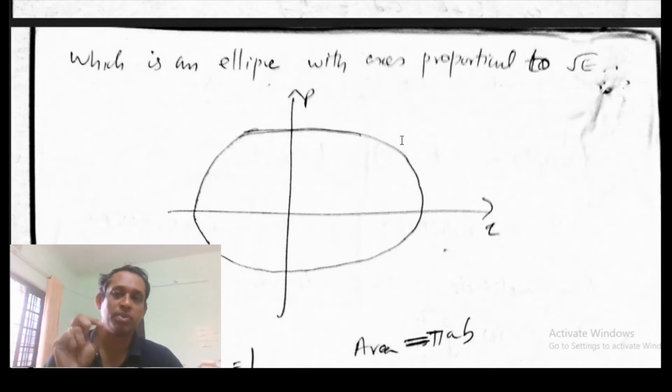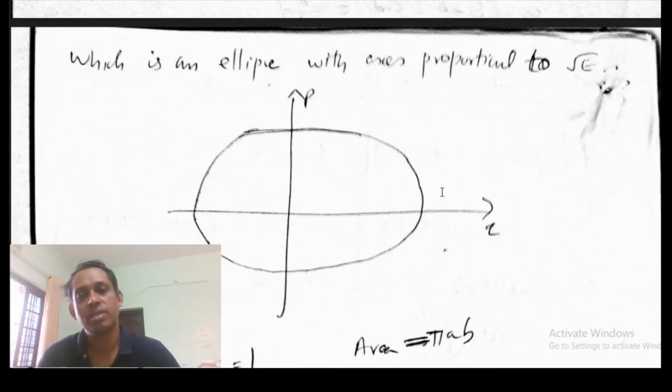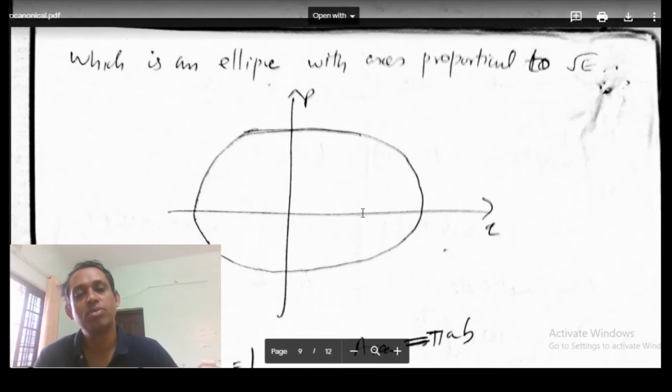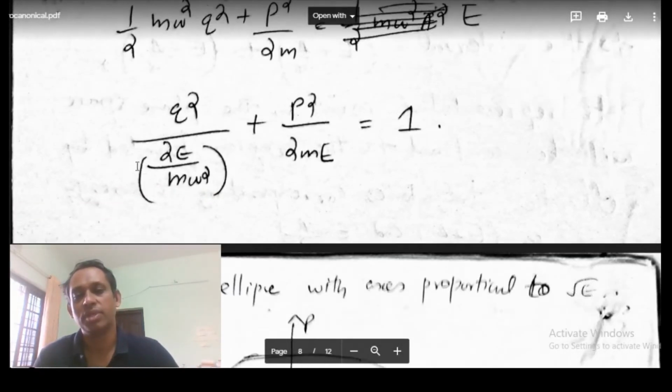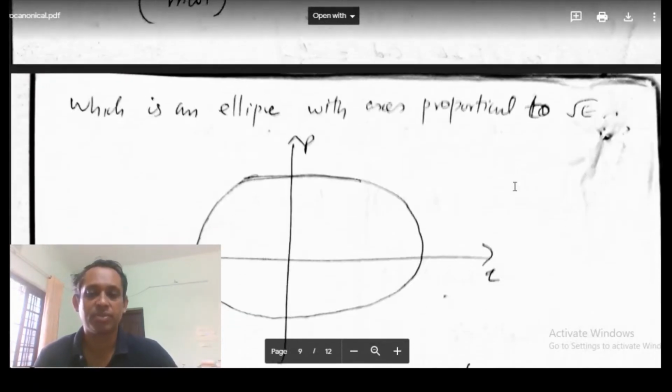We know p and q cannot remain fixed in phase space. They have to change because of the Hamiltonian: q dot is equal to dou H by dou p, and p dot is equal to minus dou H by dou q. So p and q will be continuously changing, and a point in the phase space will move through this ellipse, because the equation satisfied by p and q is an ellipse.